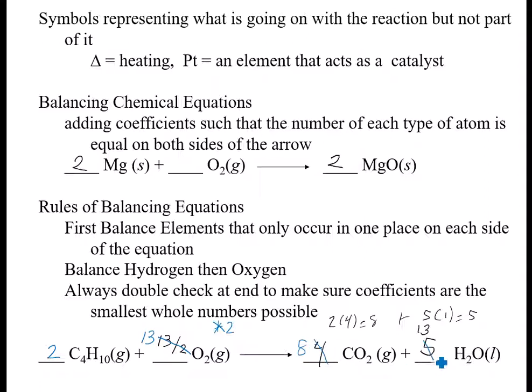And 5 times 2 is 10. So this is my balanced equation. And of course, 13 being an odd number can't be divided by 2, so these are the smallest whole numbers here. So the balanced reaction is 2 C4H10s plus 13 O2s react to form 8 carbon dioxides and 10 waters.